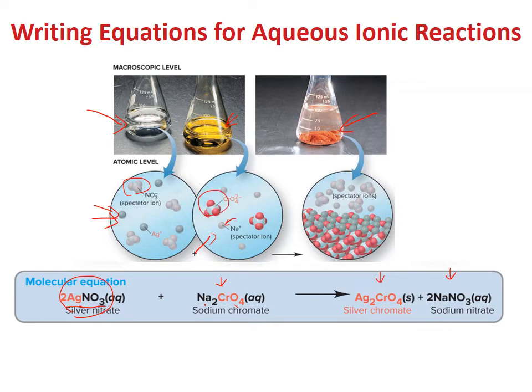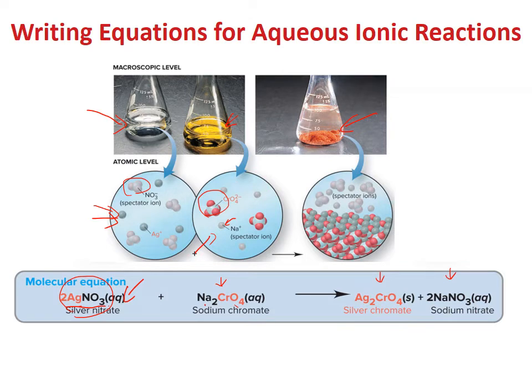So in the solution, these soluble ionic compounds are dissociated into ions instead of these undissociated formulas. The molecular equation only shows the reactants and the products as if they were intact, undissociated compounds. And therefore, it's not the best way.